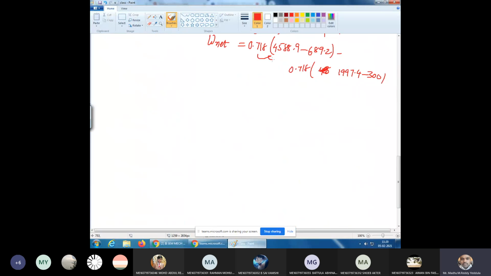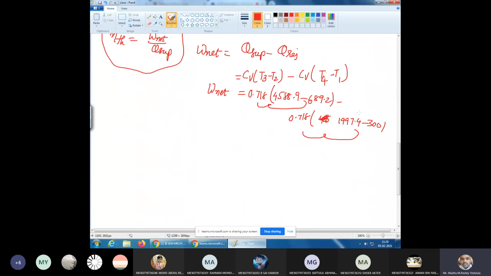First tell me what this value is, and then tell me this value. Heat supplied first, then tell me heat rejected, and then finally we will get net work. So 2799.4.